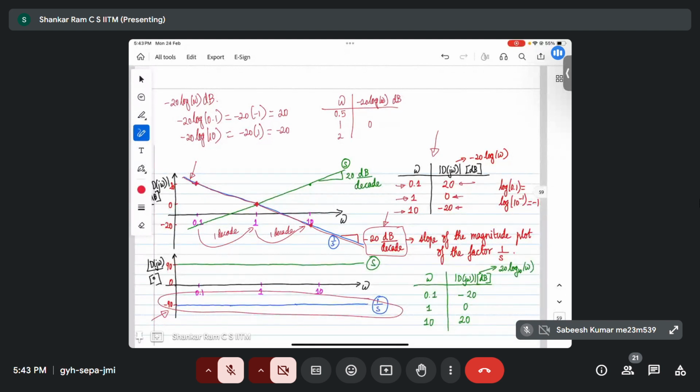So when omega equals 0.5, can you substitute and tell me what the decibel measure will be? Is anybody doing it? Just a minute, sir.